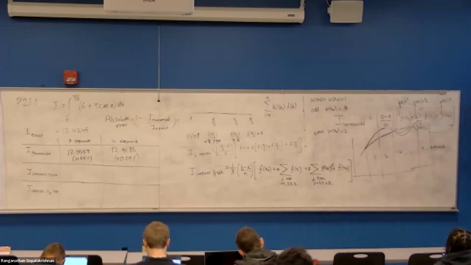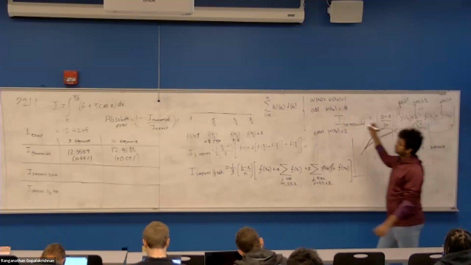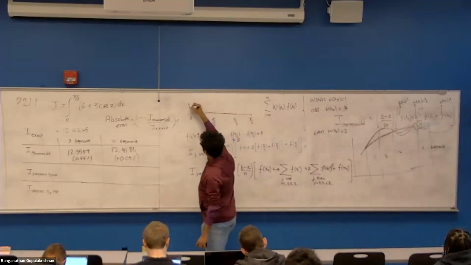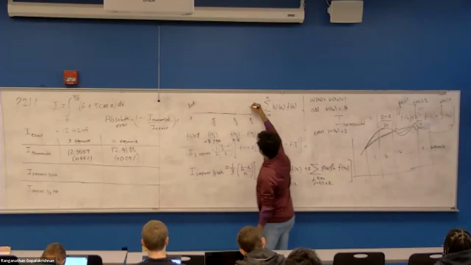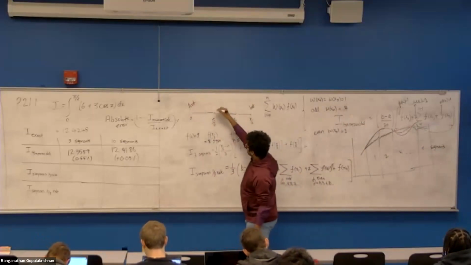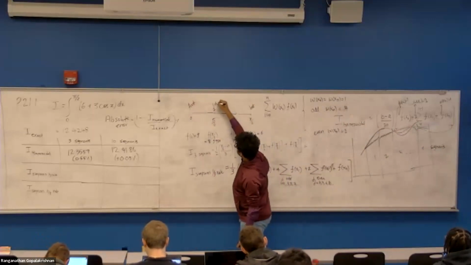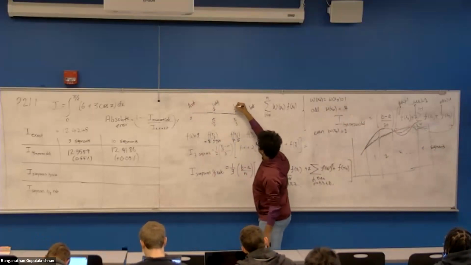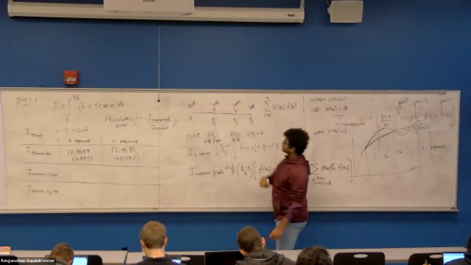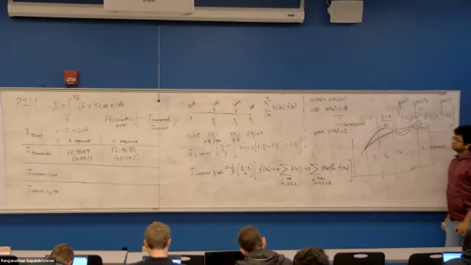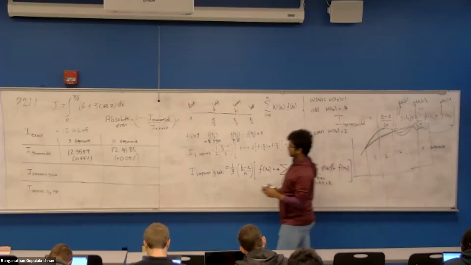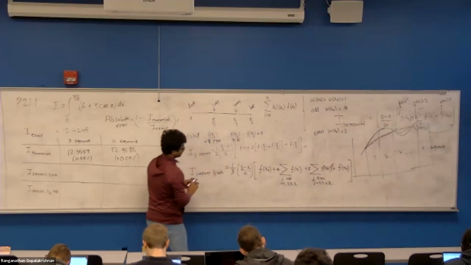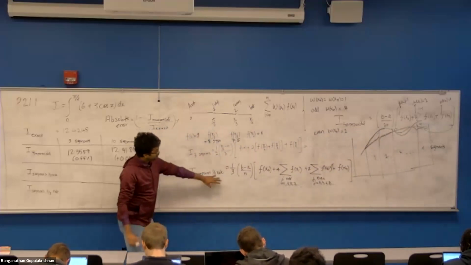So if you are doing 3 segments, this is first, this is last, this is 1, which is odd, and this is 2, which is even. So you would modify this with Simpson's 1/3 rule. Okay, now I'll stop and give you time to catch up.